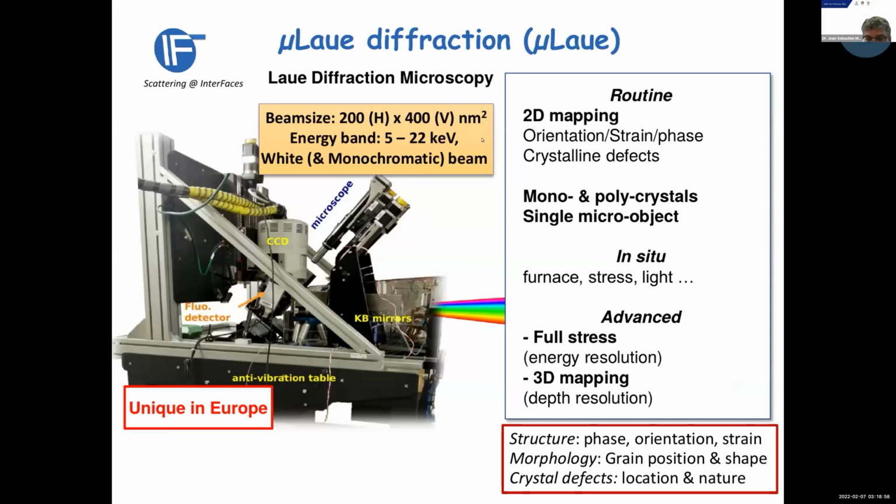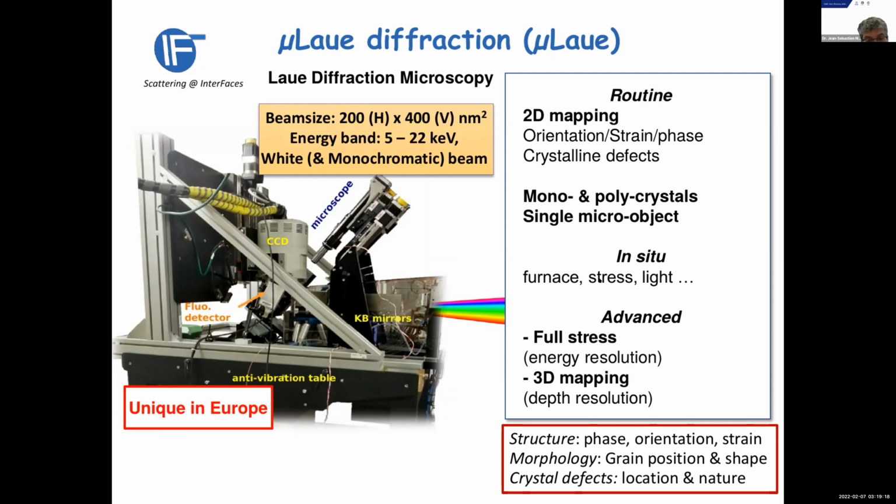As I said, you can do some 2D mapping, a raster scan of your sample, and you can have several types of objects to look at. You can do some in situ experiments, so you can heat up the temperature for sure.